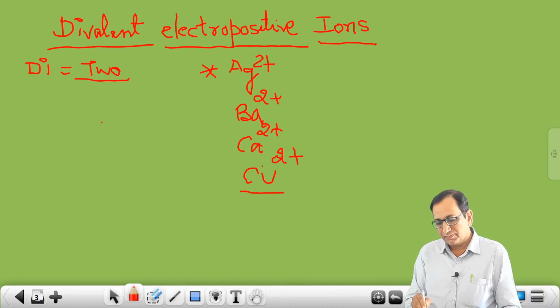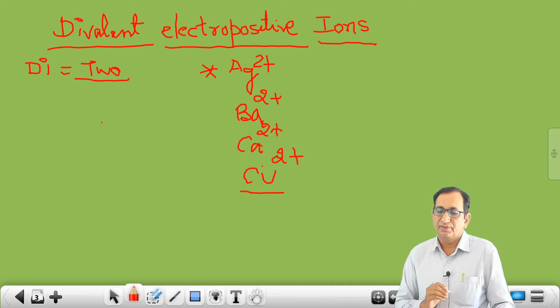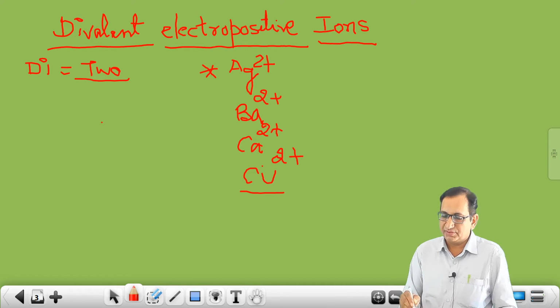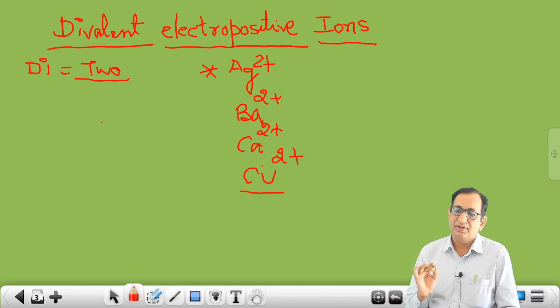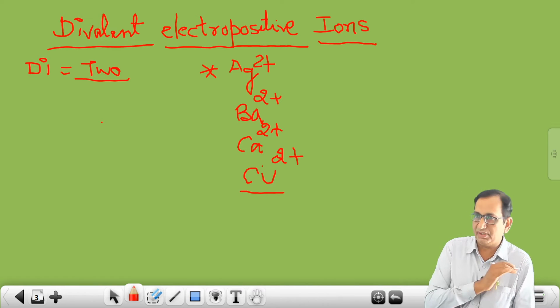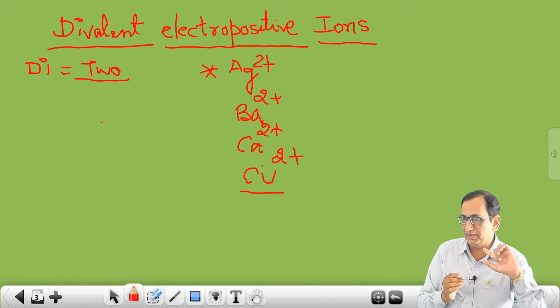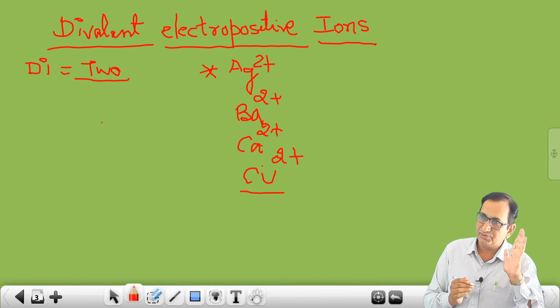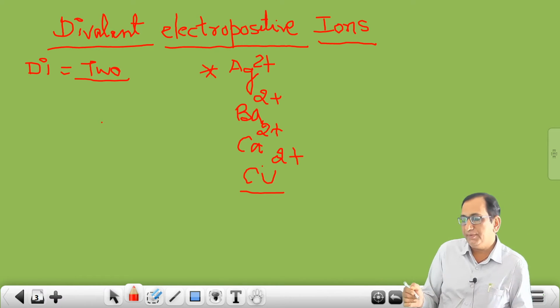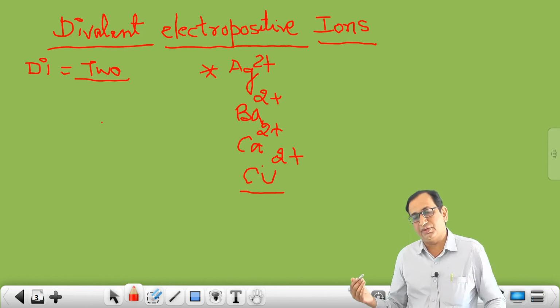So this is the cupric ion, students. This is the cupric ion, and that was the cuprous ion. If valency is plus 1 it is cuprous, and if plus 2 then cupric.